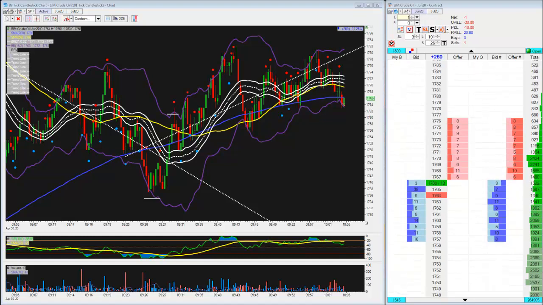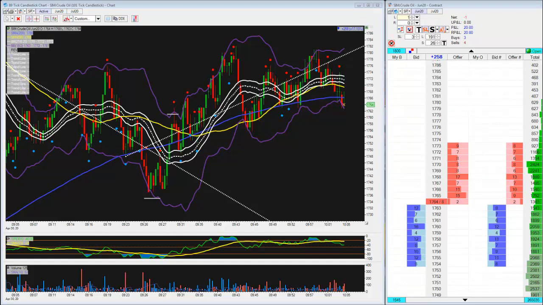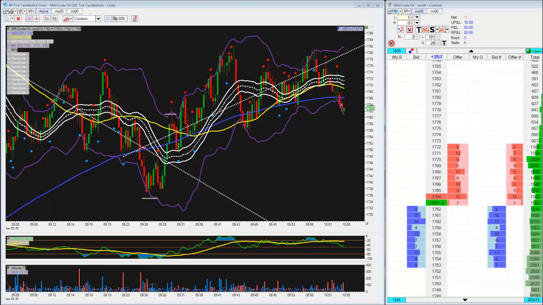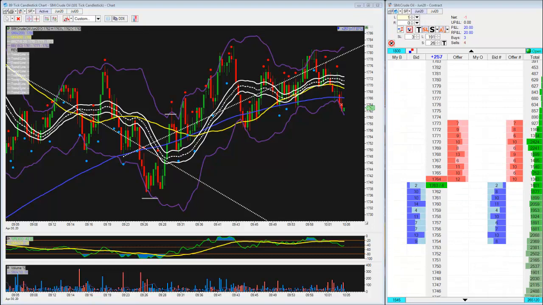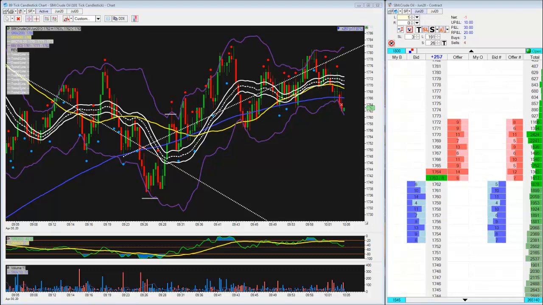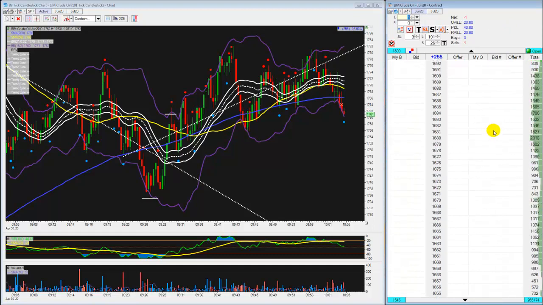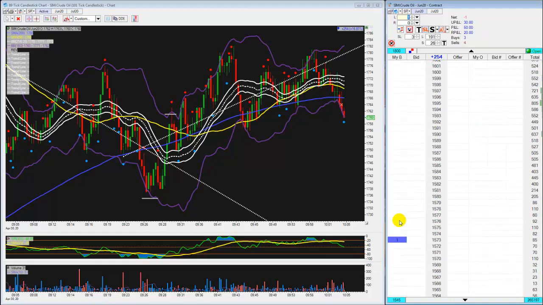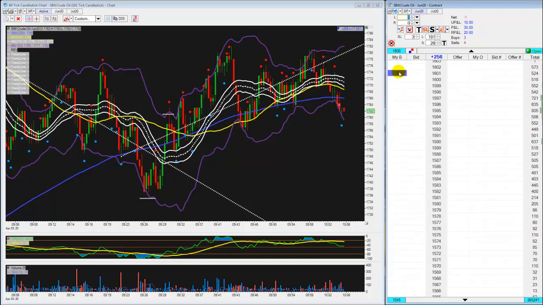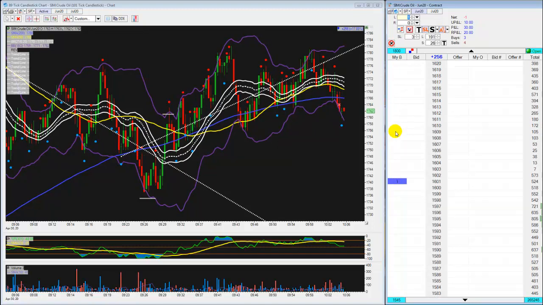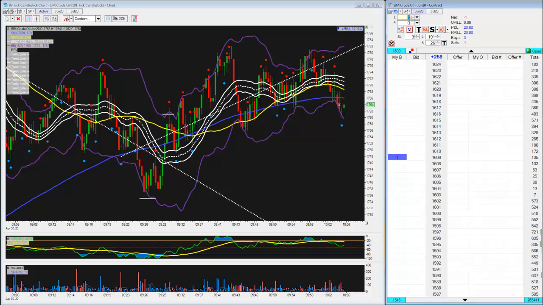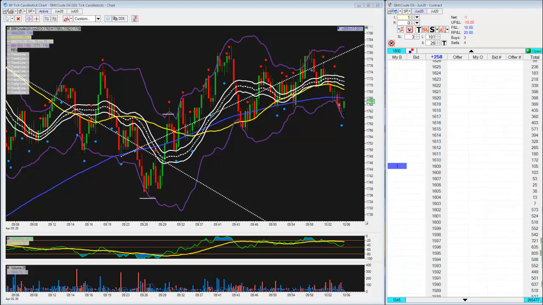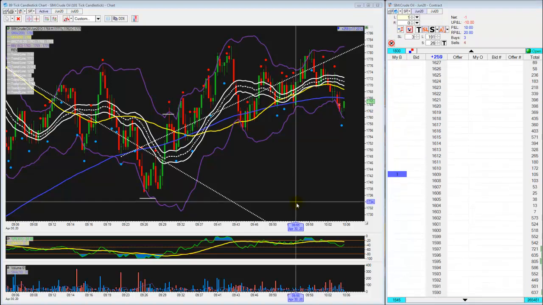All right. $1,800's the high. 3P move is 1609 now. $17.36 is 1.